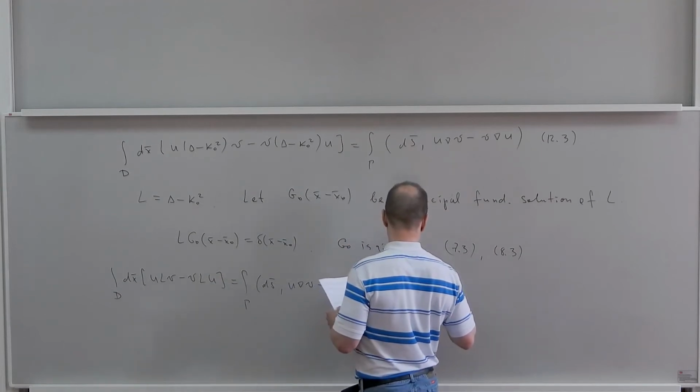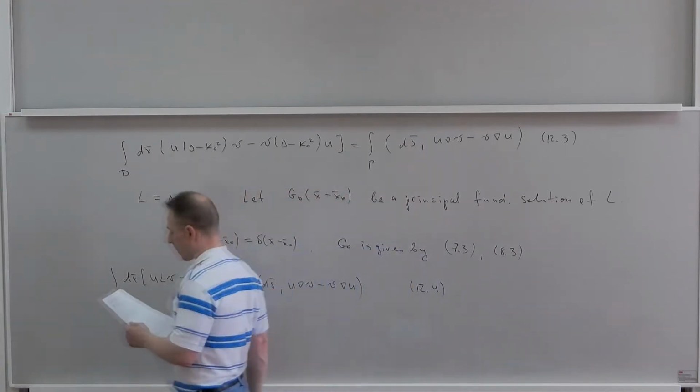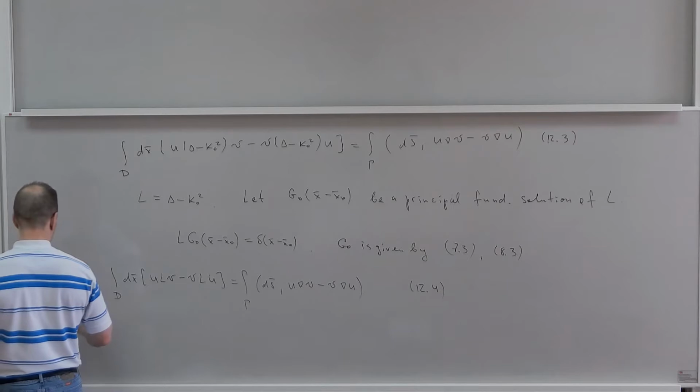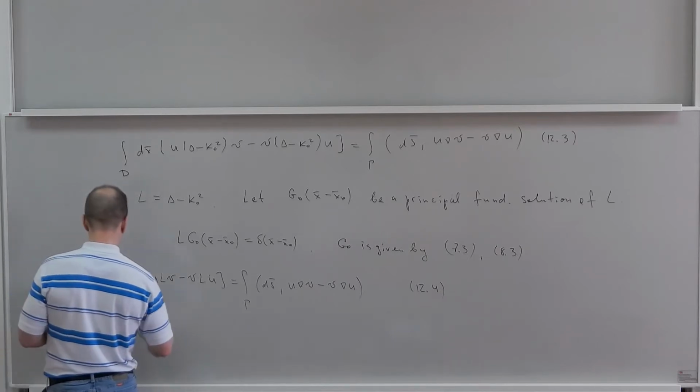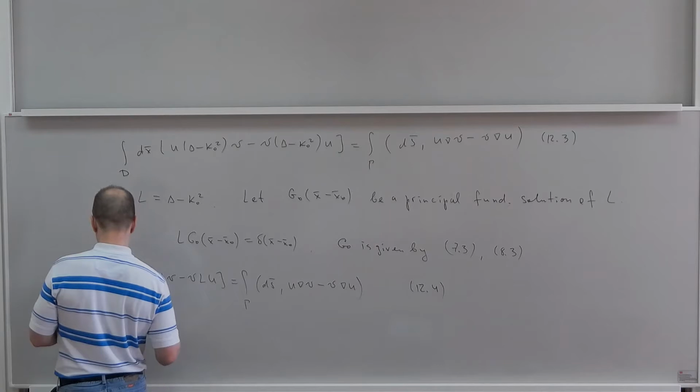I denote it as 12.4. Then take V to be equal to G0.